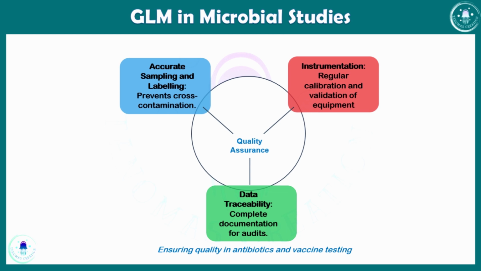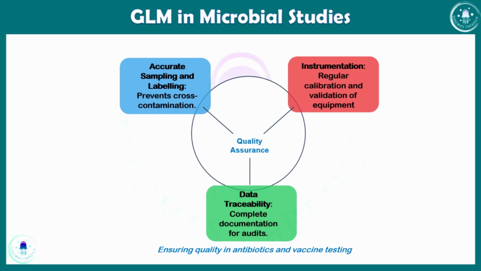Now data traceability. GLP ensures that the entire testing process from sample collection to final result is documented in a way that is easily traceable for audits. Okay, so what GLP does in data traceability is ensure that from the start of the experiment to the finish, everything is well documented.